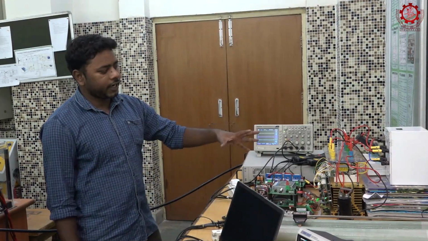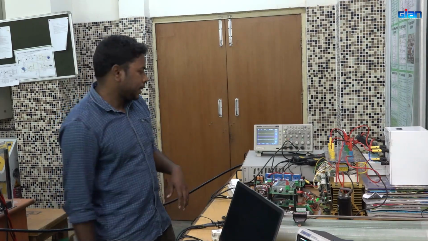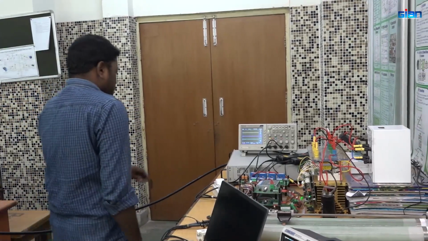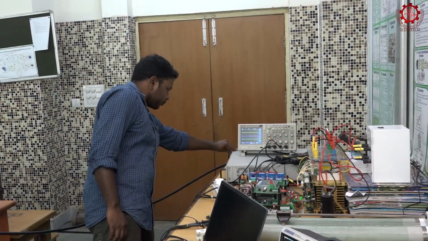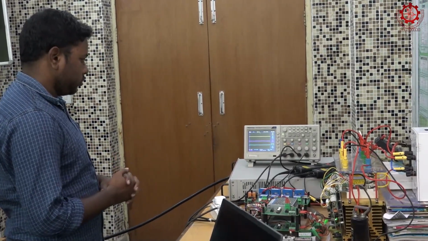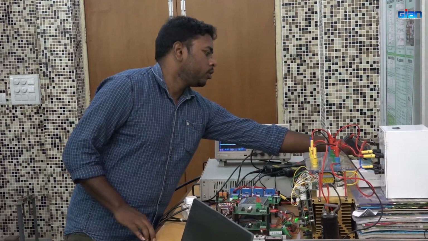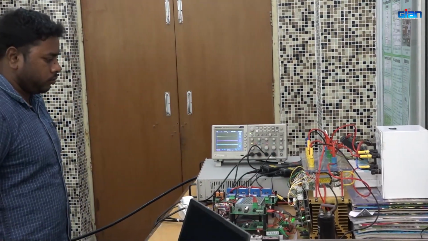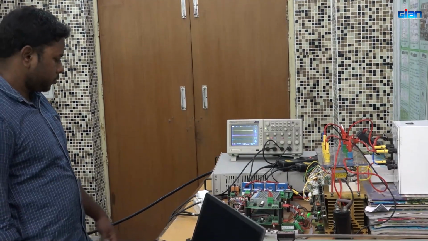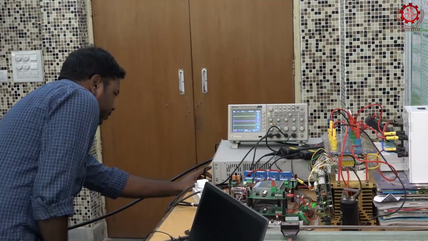There are different kinds of formulas for each modulation to decide the inductor values. So now I am going to switch on. I am giving 100 volts.